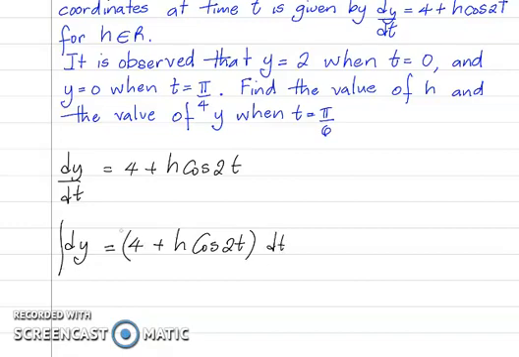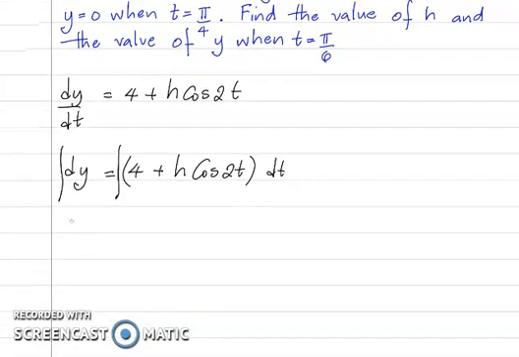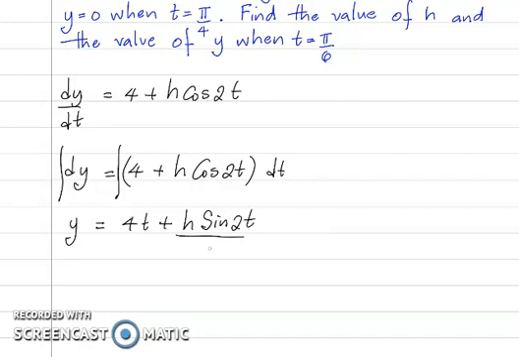Then we can integrate both sides. And when we do that, we're going to get y is equal to 4t plus h, if I integrate cos, I'm going to get sine, sine 2t divided by the differential of the inside function, which is 2, plus c, which is the constant of integration.